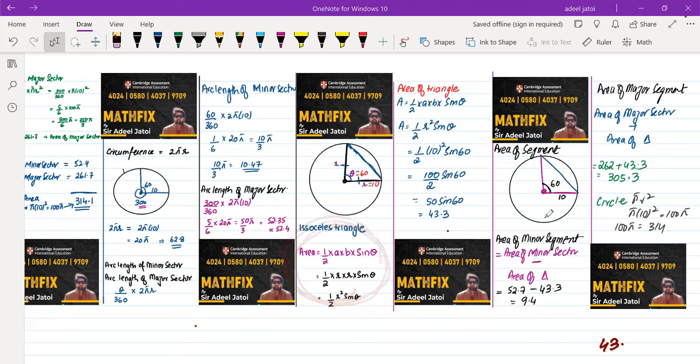Then we worked upon the minor segment, which was area of the minor sector minus area of the triangle, and the area of the major segment, which was area of the triangle added to area of the major sector.